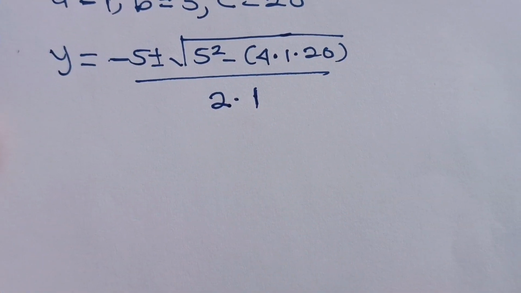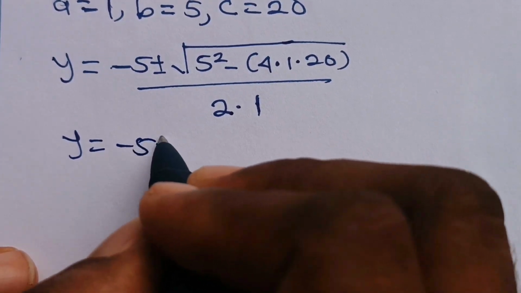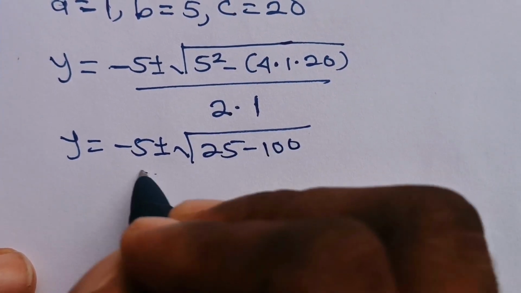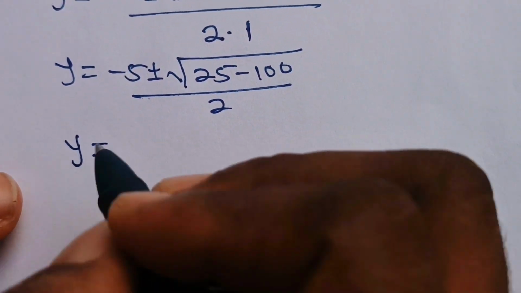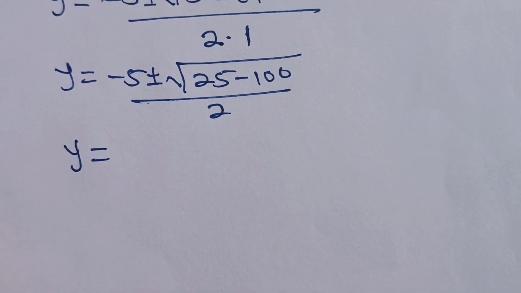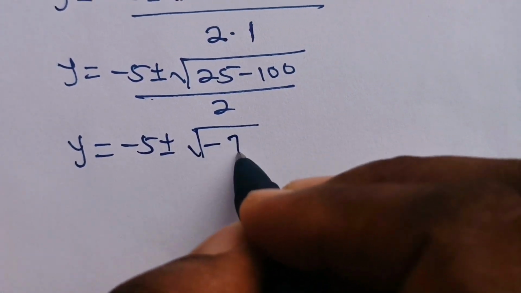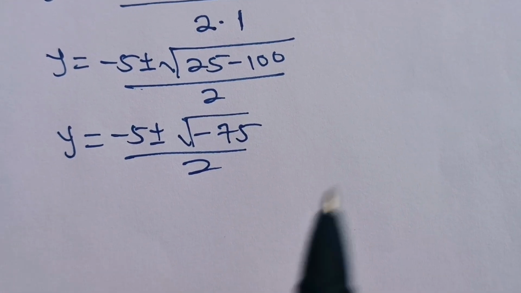Okay, so we go ahead to solve. Our y is equal to minus 5 plus or minus square root of 5 squared is 25, minus 4 times 20 is 100, divided by 2 times 1, which is 2. So now y is minus 5 plus or minus square root of minus 75, divided by 2.